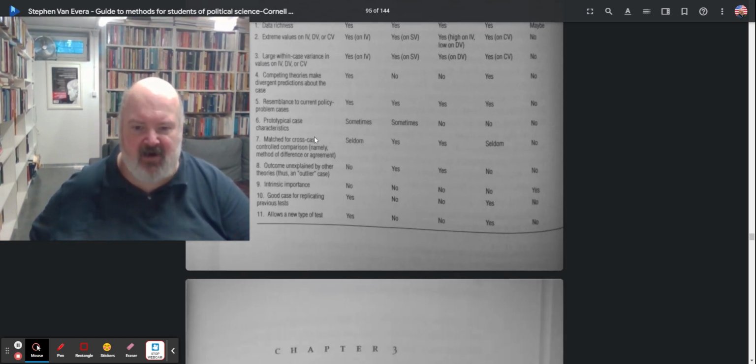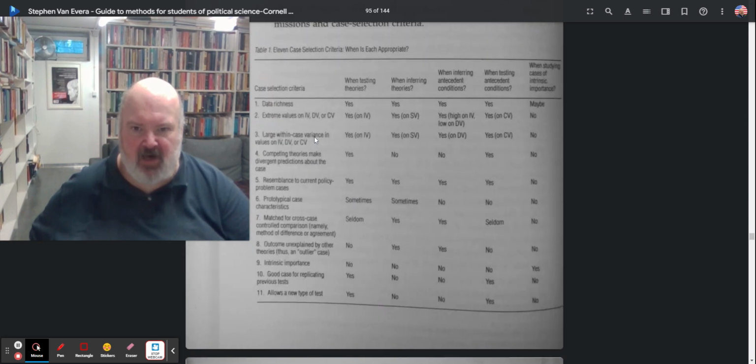Now, this gives us our famous model. This is the 11th criterion, the question of when it is appropriate: testing theories, inferring theories, inferring antecedent conditions. So data richness: yes for testing theories, yes for inferring theories. This is useful for doing this.